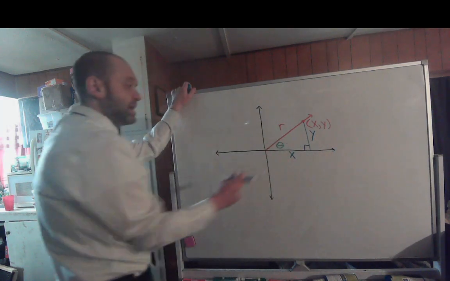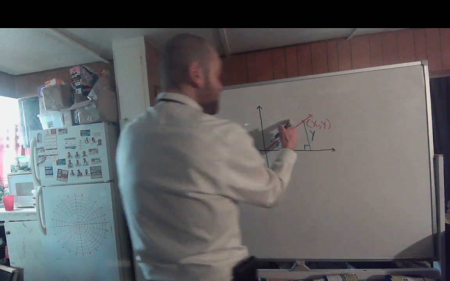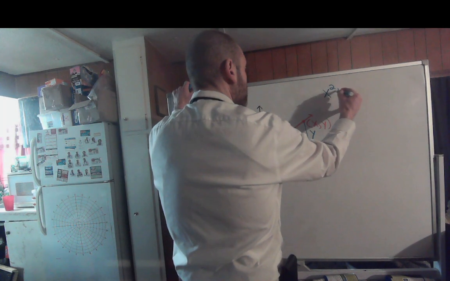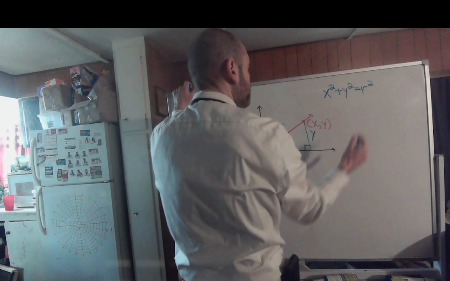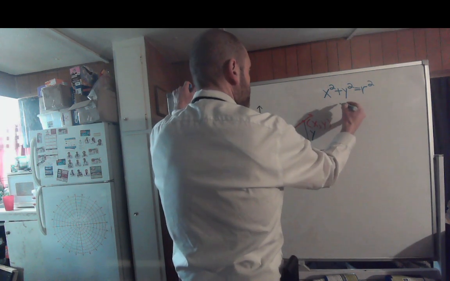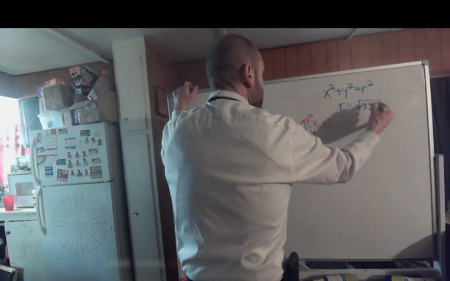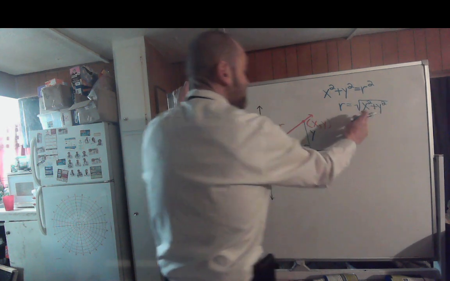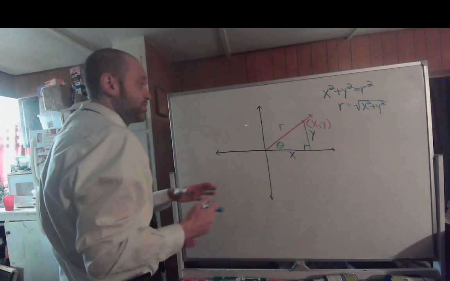So you have x and y. And then by taking the Pythagorean Theorem, we can solve for r. This would simply be x squared plus y squared equals r squared, which would then give you that r equals the square root of x squared plus y squared. And of course, we're only considering the positive square root because the length can only be positive.